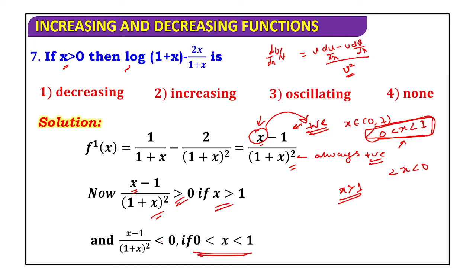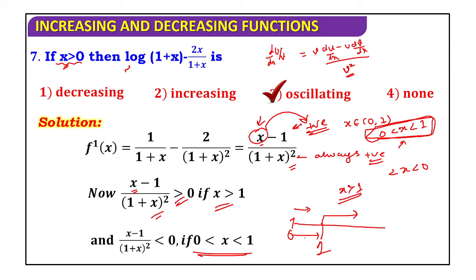Clear? So if in between 0 to 1 it is negative, and if it is positive when greater than 1, then you can just say that it is going to be oscillating, because you just see here, they have mentioned x is greater than 0. From 0 to 1, this term becomes negative, and after 1, it becomes positive.